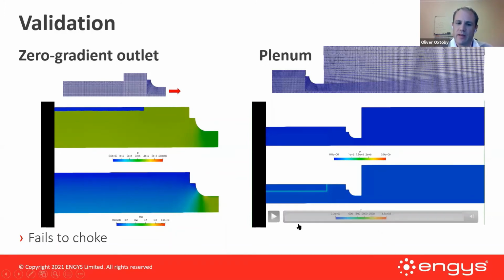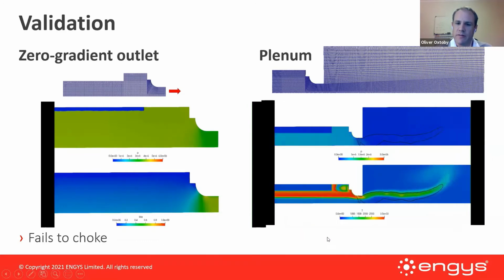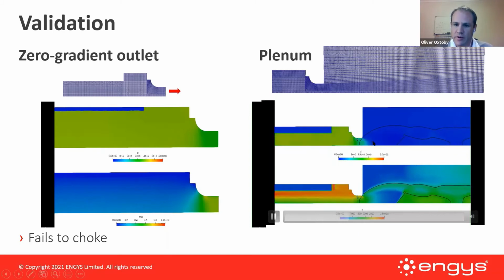And when we run this simulation with the plenum, immediately we do get the choked supersonic flow in the throat. On this animation, we have plotted in black the Mach 1 contour. At the top, the shading is pressure, and at the bottom, it's temperature.